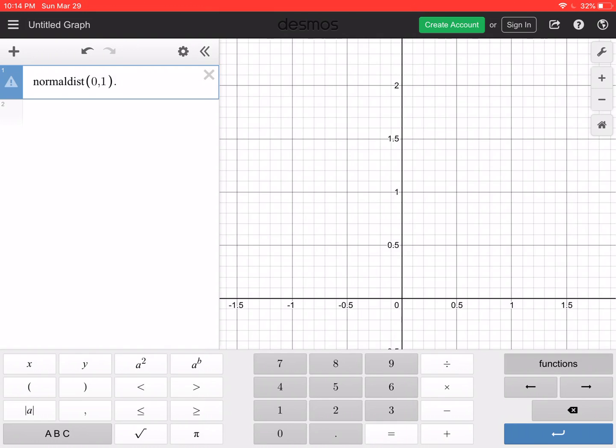And then dot inverse CDF. And then we need to put that decimal value of everything to the left of that z-score. So in this case, that's going to be the 0.95 plus the 0.025. So that's 0.975. Okay, and then we'll go ahead and round that to 2 decimal places. So that'll give us 1.96 for our z-score.